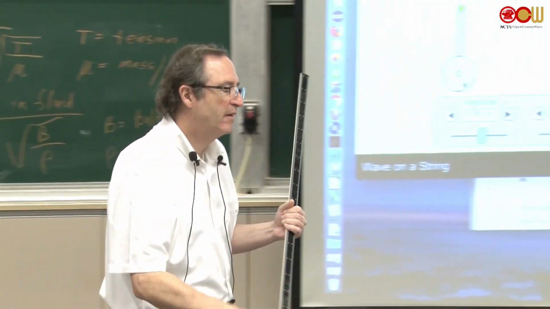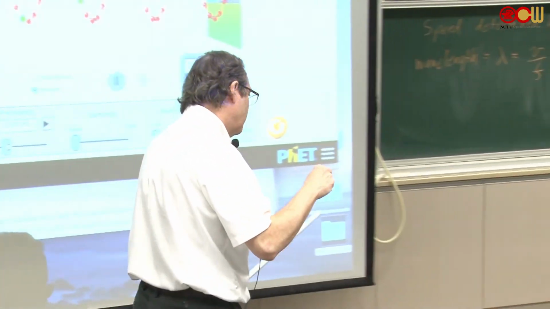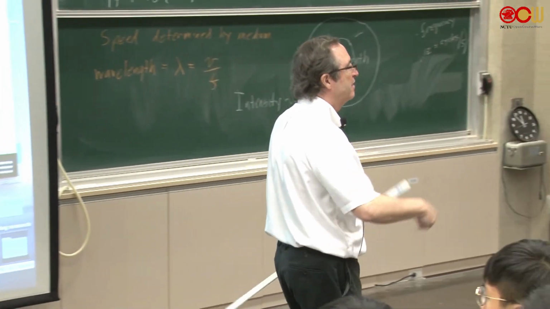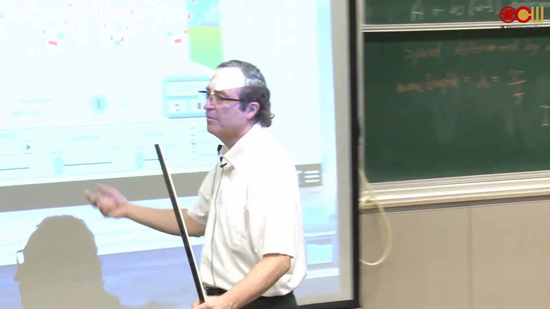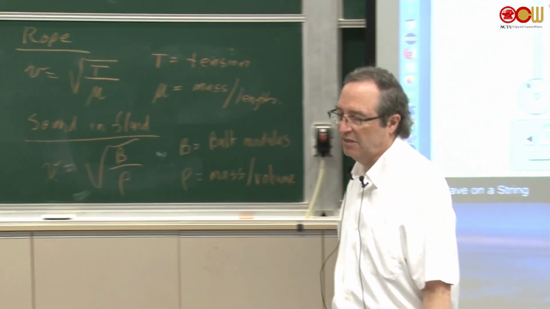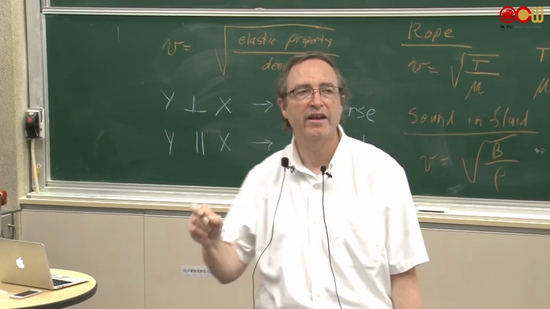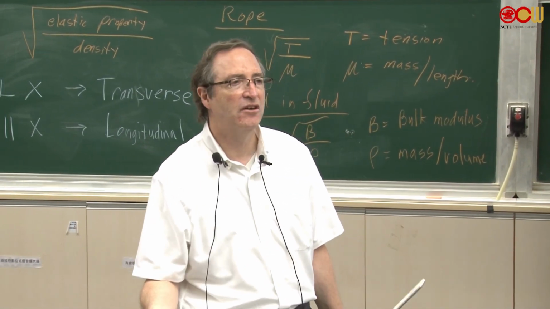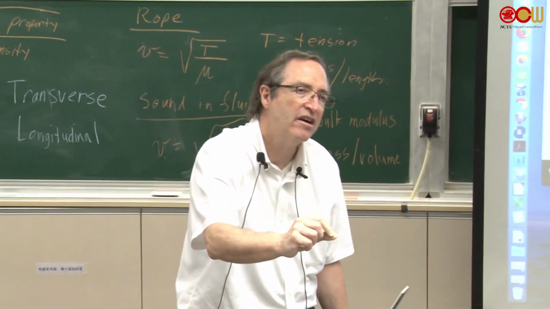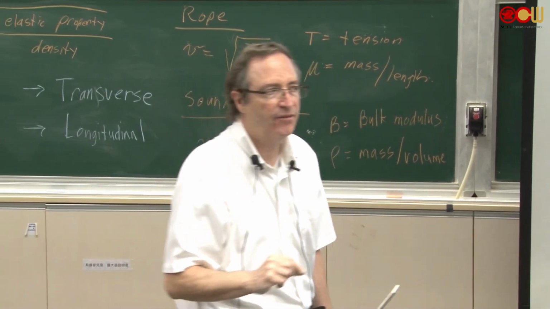And the proportionality constant can depend on all kinds of things. It depends on frequency, it depends on the kind of wave, etc. But the important point is the intensity, power, all forms of energy go as the square of the amplitude of the wave.